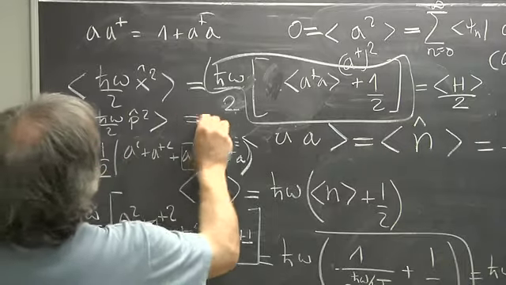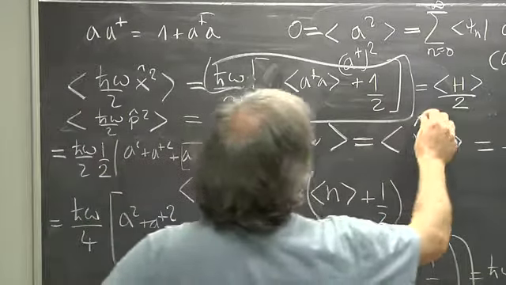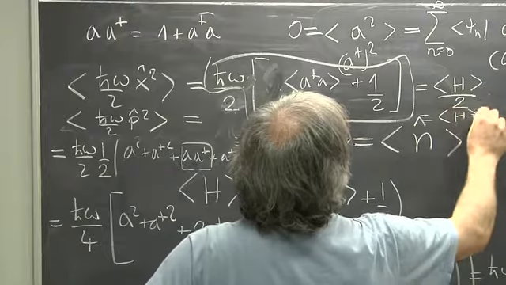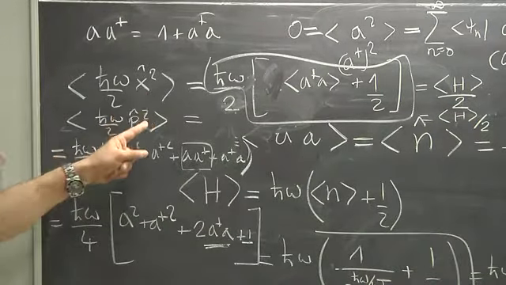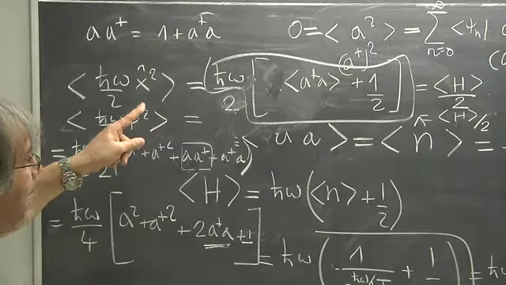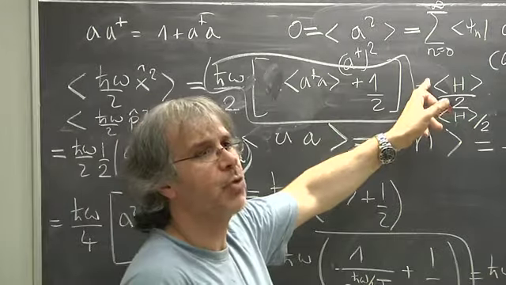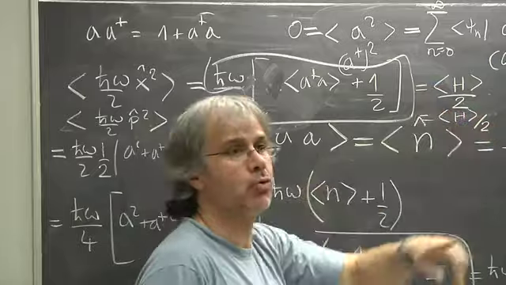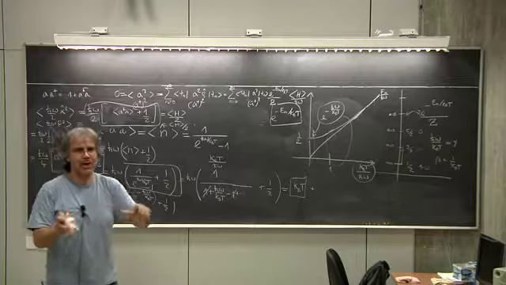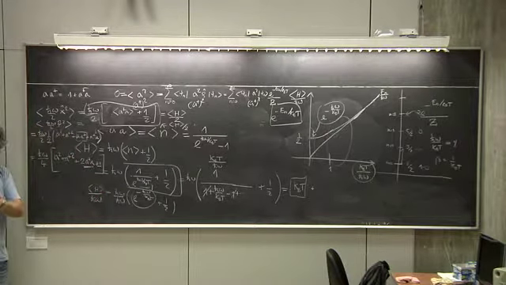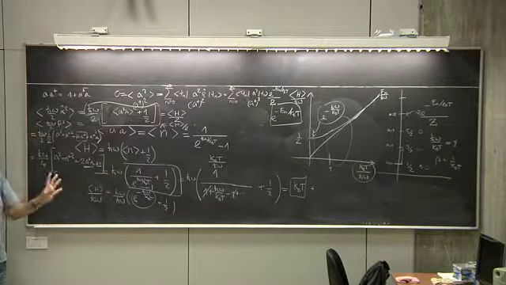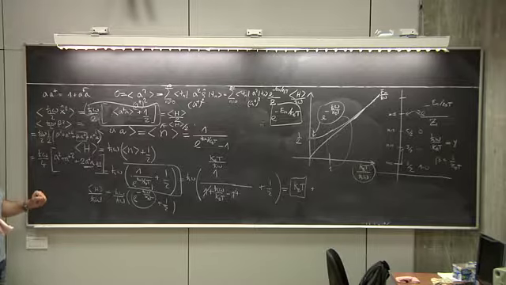So the result is identical. It's still 1/2 of the thing. So the average potential energy and the average kinetic energy are identical and are just equal to the average of the energy divided by 2. You were worried about summing potential energy, but they can be summed as averages, so there's nothing really bad with that.